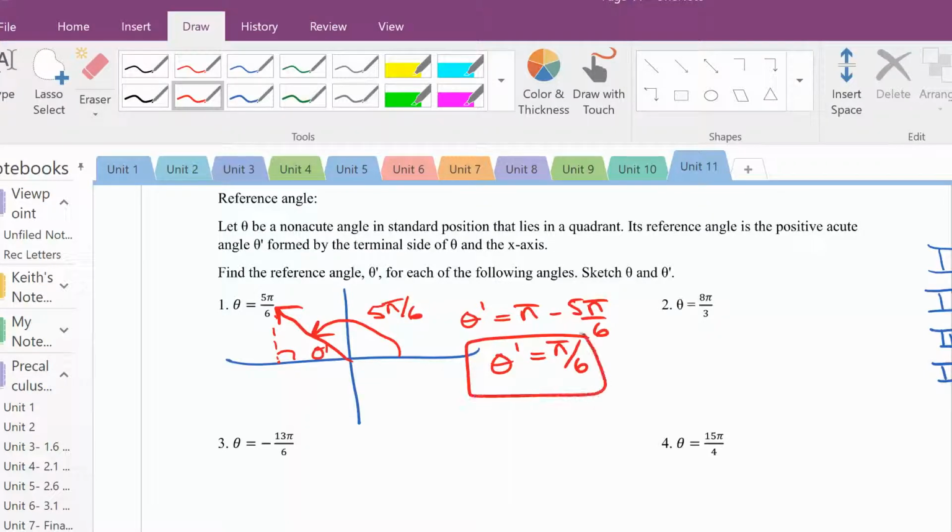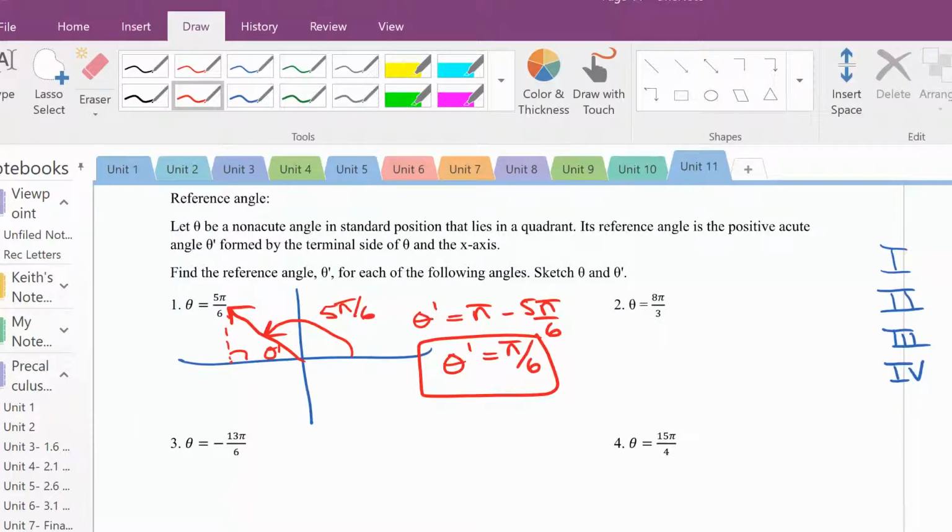There you go. All right, when it's bigger than 2 pi, then you want to find the coterminal angle. So 8 pi over 3 minus 2 pi gives you 2 pi over 3. So that means it's in the second quadrant.